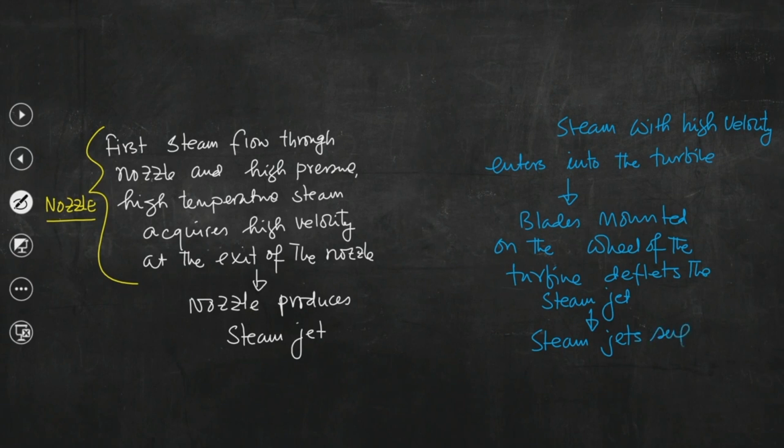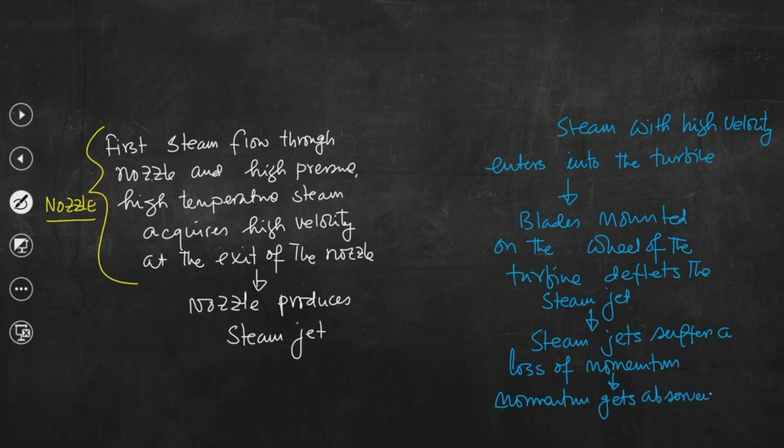Consequence is steam jets suffer a loss of momentum, and that momentum gets absorbed by the wheel, producing torque.